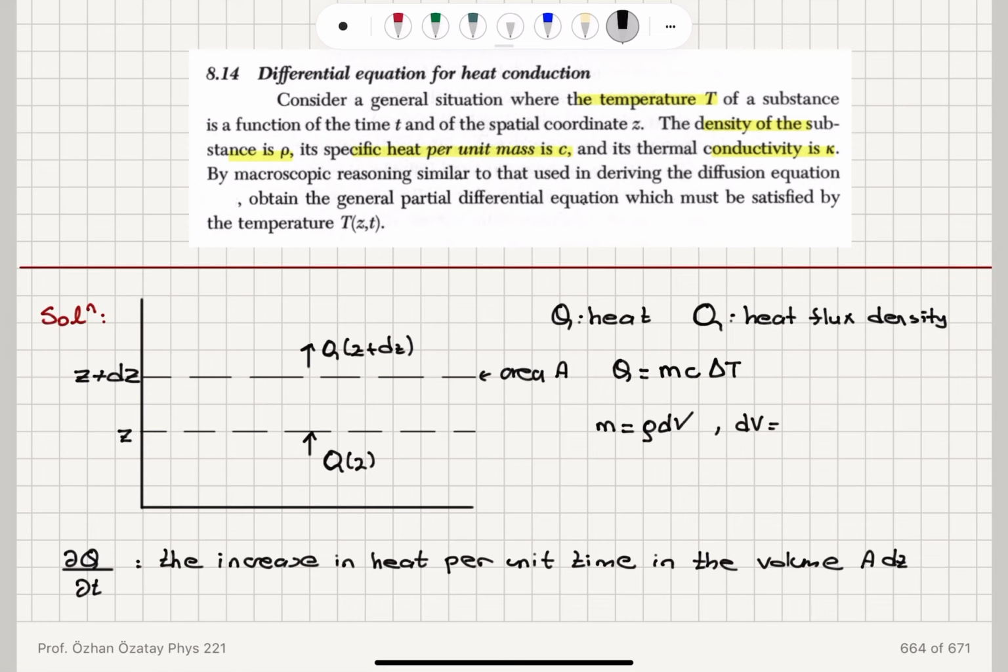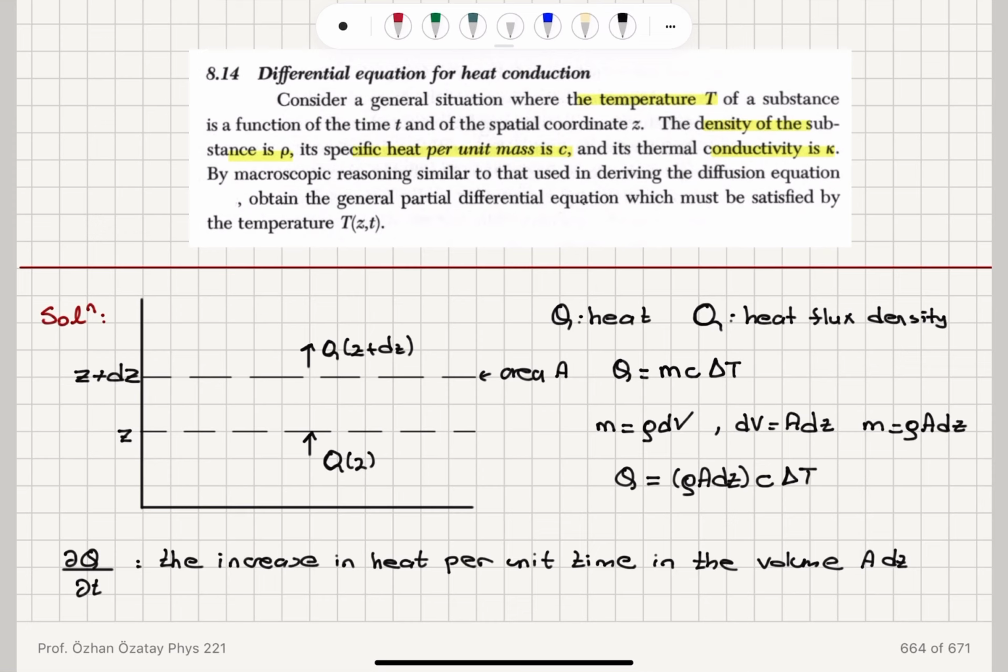The volume dV of this region is its cross-sectional area A multiplied by the height dz. So volume dV is A dz, and therefore mass is equal to ρ A dz. So if I substitute that here, the heat Q is ρ A dz multiplied by specific heat per unit mass multiplied by delta T.